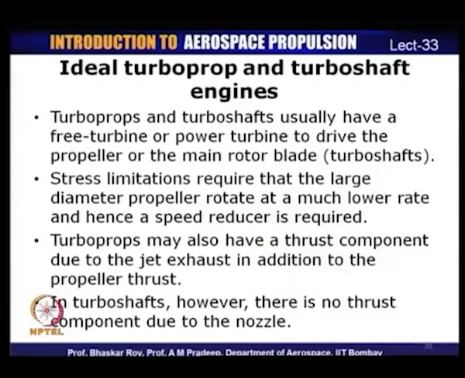The speeds at which the propeller can rotate is basically limited, as I mentioned, by compressibility effects and stress limitations, and so they have to have a speed reducer, so that the speed at which the propeller rotates can be limited. And so, in the case of turboprop, I mentioned there are two components of thrust: the thrust because of the propeller itself, and the thrust on account of the nozzle exhaust.